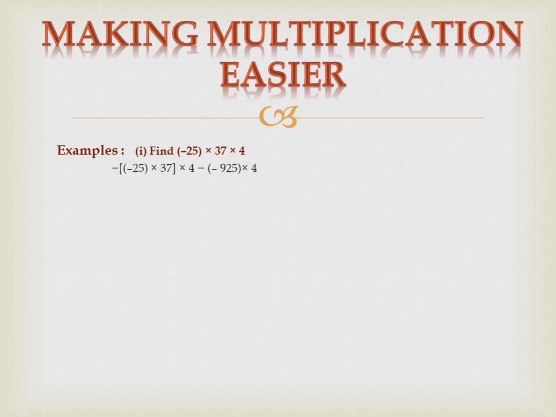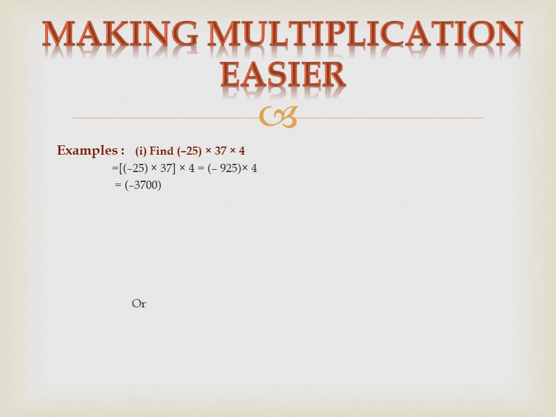First way is negative 25 into 37 into 4 is equal to negative 925 into 4 is equal to negative 3700. Here we grouped negative 25 and 37 together and we got the product as negative 925, and that answer we multiplied with 4 and finally you will get negative 3700.